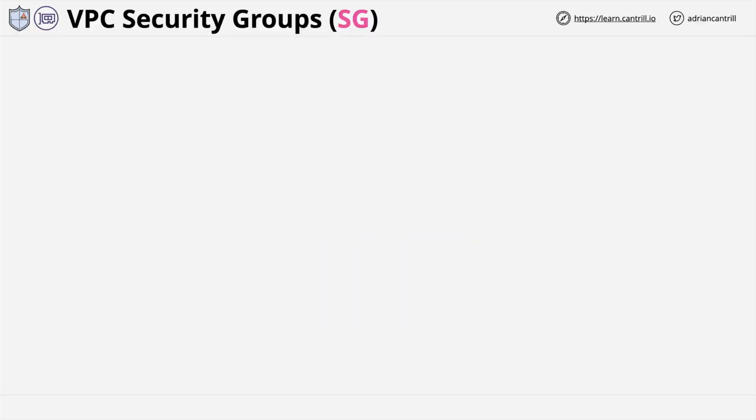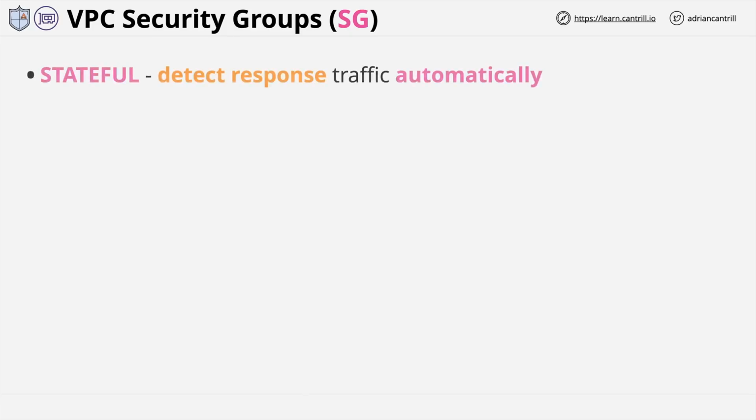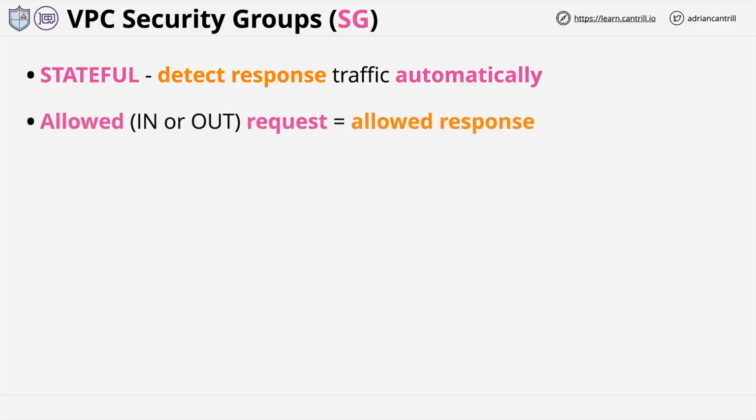In the lesson on network access control lists, I explained that they're stateless, and by now you know what stateless and stateful mean. Security groups are stateful. They detect response traffic automatically for a given request, and this means that if you allow an inbound or outbound request, then the response is automatically allowed. You don't have to worry about configuring ephemeral ports.